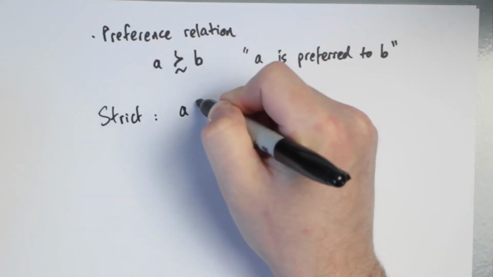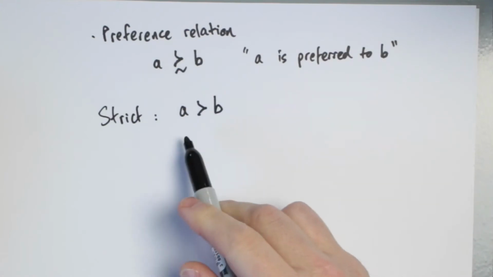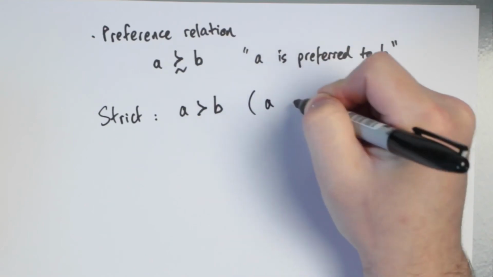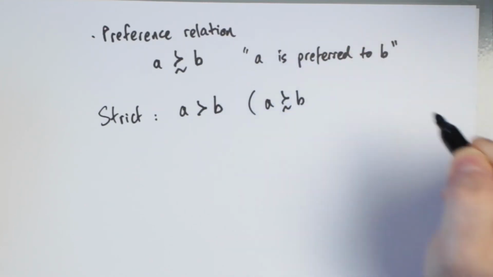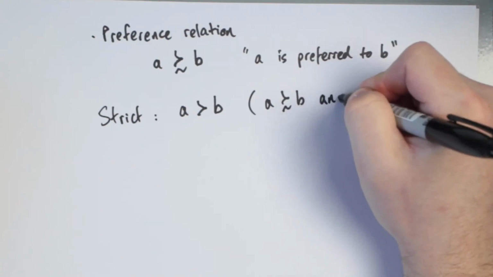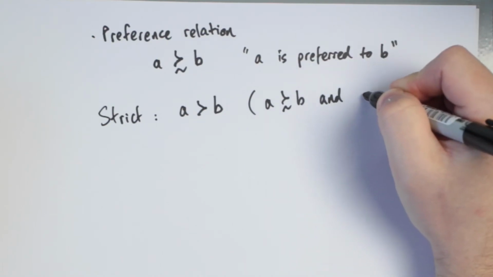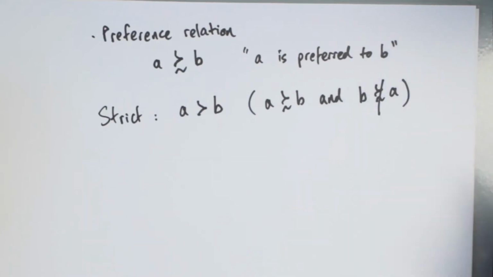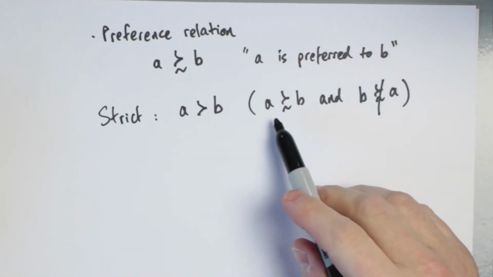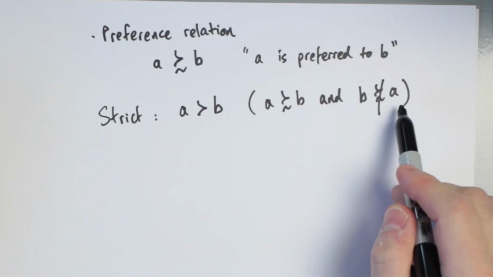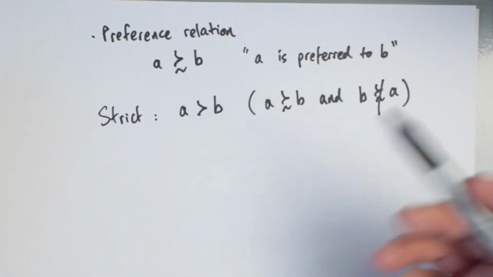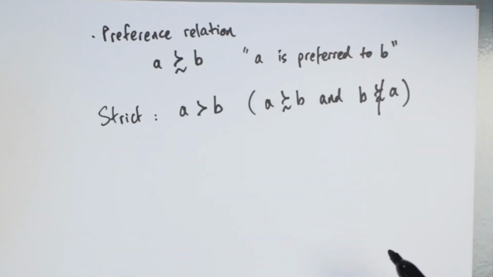If I write this, A is strictly preferred to B, then this essentially means that A is preferred to B in the weak sense, and we could write B is not preferred to A. So we just strike out that and say A is preferred to B, but B is not preferred to A, means A is strictly preferred to B. So the notation is similar to the greater than or equal to sign.